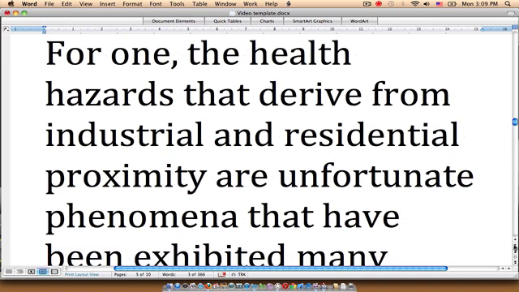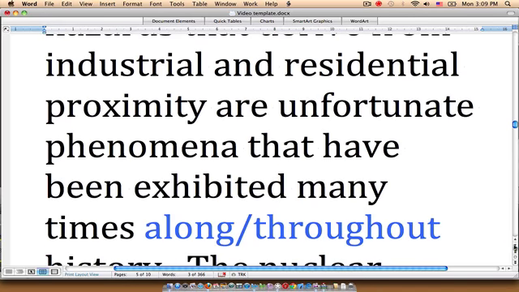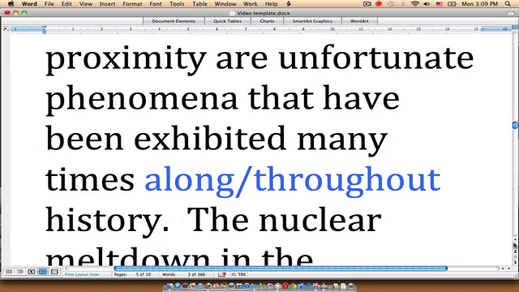For one, the health hazards that derive from industrial and residential proximity are unfortunate phenomena that have been exhibited many times along history, or that have been exhibited many times throughout history.